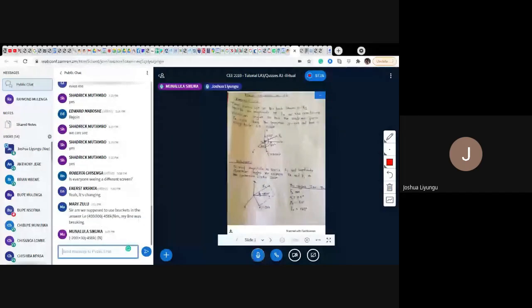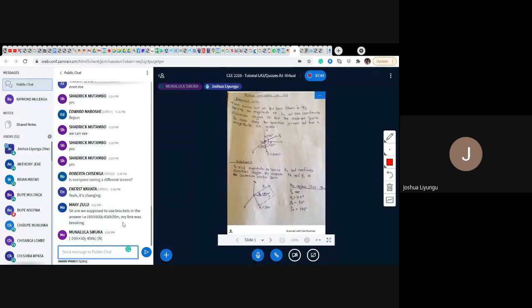This is what, Munalula? Yes, sir. Yes, something like that, no space. And the unit, there is a specific box where you select which unit. For the unit, you don't type.